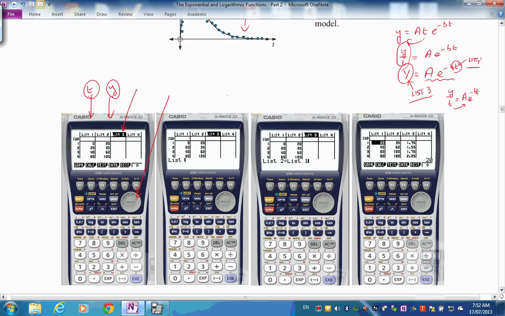So into list 3, when it's in that mode, we want to enter a formula telling the calculator to put into list 3, y over t, which is list 2 values over list 1 values, aren't we? That's what we decided to do.